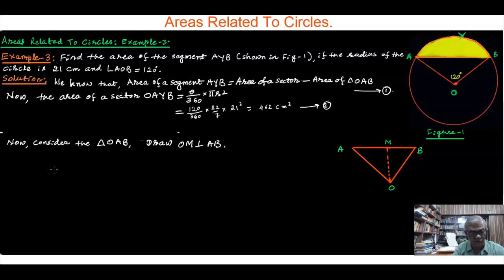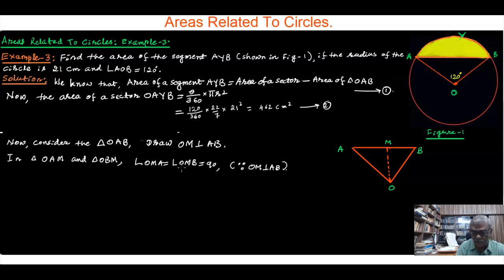In triangles OAM and OBM, angle OMA equals angle OMB equals 90 degree.